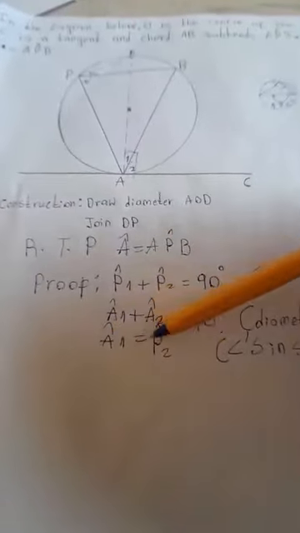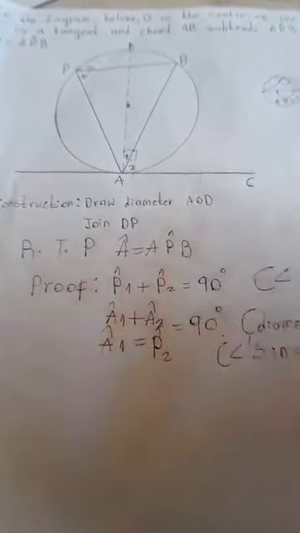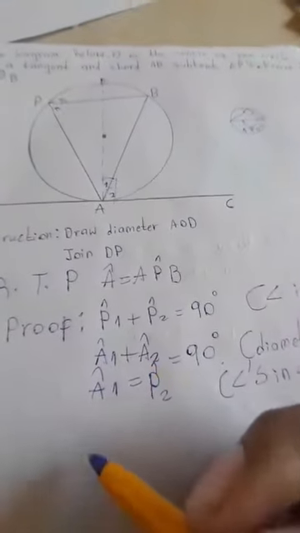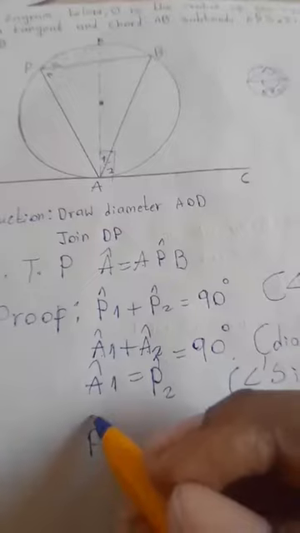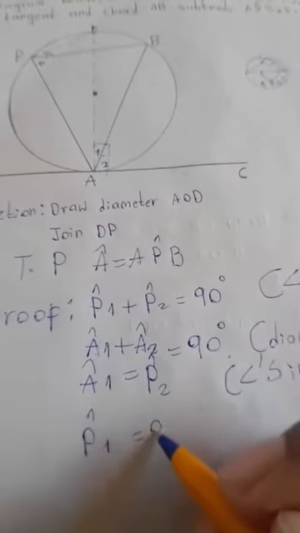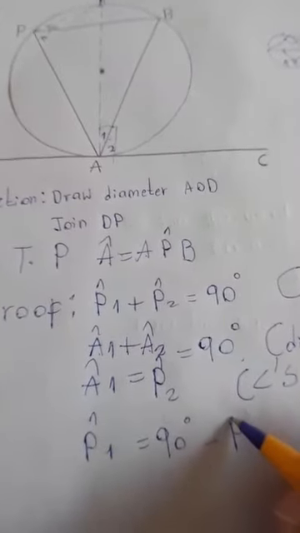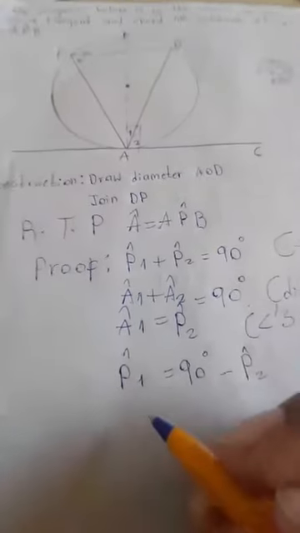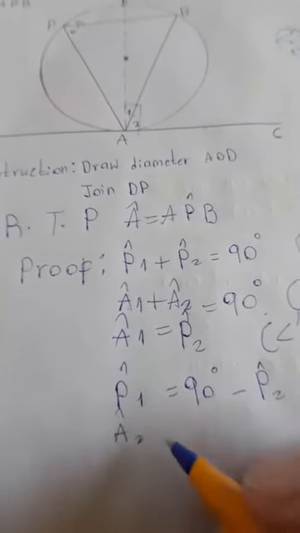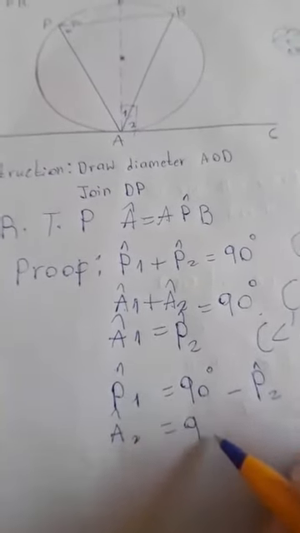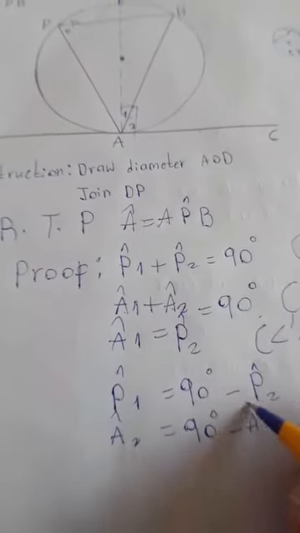If A1 is equal to P2, let me isolate this first. Let me put this as P1 is equal to 90 minus P2. And then similarly, we can say A2 is equal to 90 degrees minus angle A1.